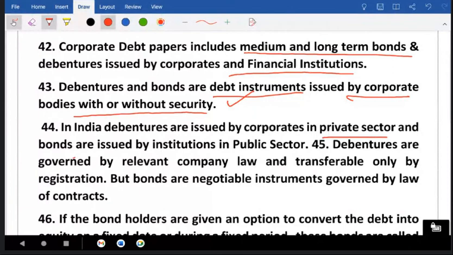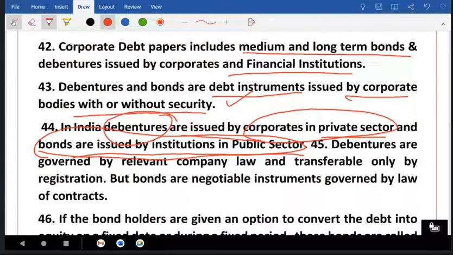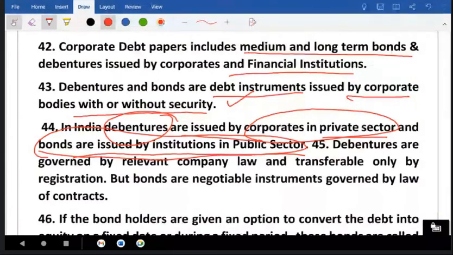So this is the main difference. Debentures: corporate private sector, and bonds: public sector. Like any public sector bank issues bonds, but a private corporate like Reliance issues debentures.